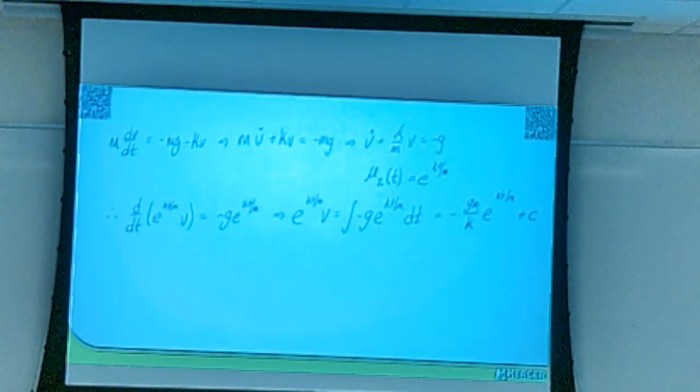gm is not really the order that we typically write it in. Write it that way, multiplied by e to the negative kt over m.